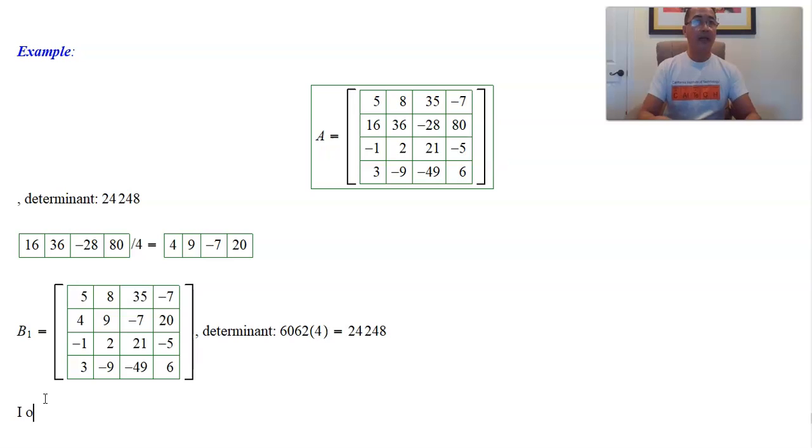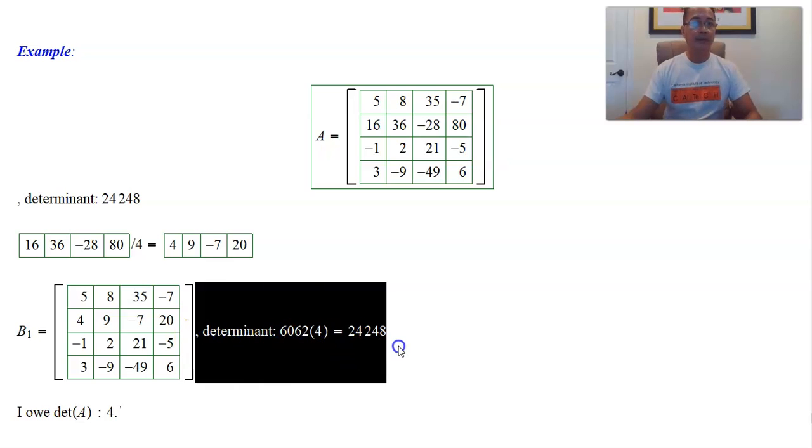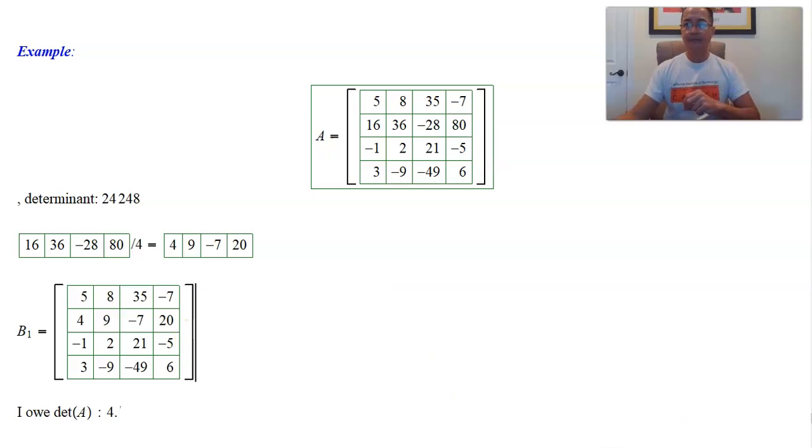Let's write that down: I owe det A 4 for now. So that determinant is smaller, which is a good thing. Let me erase that. We will find that determinant in a minute or 5.